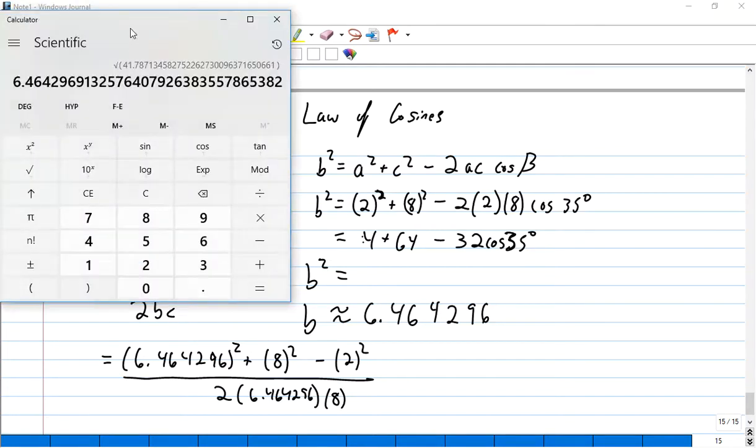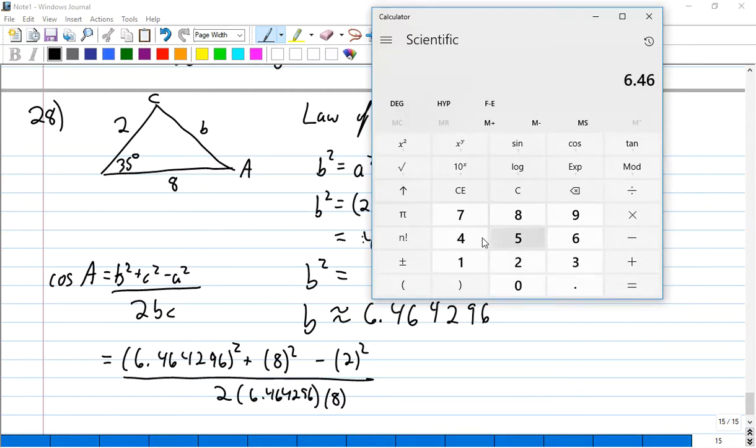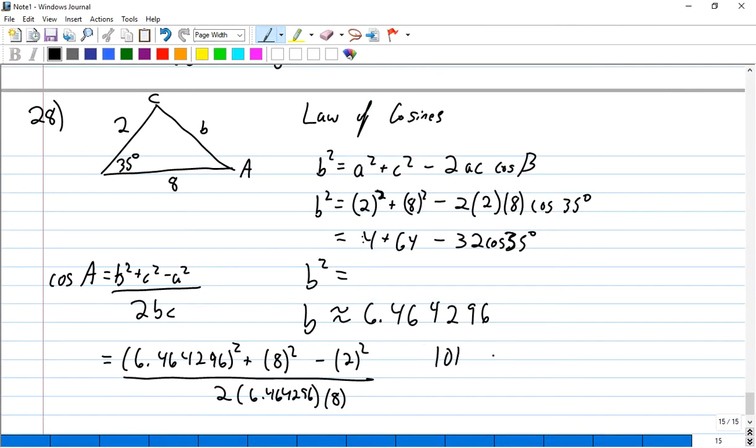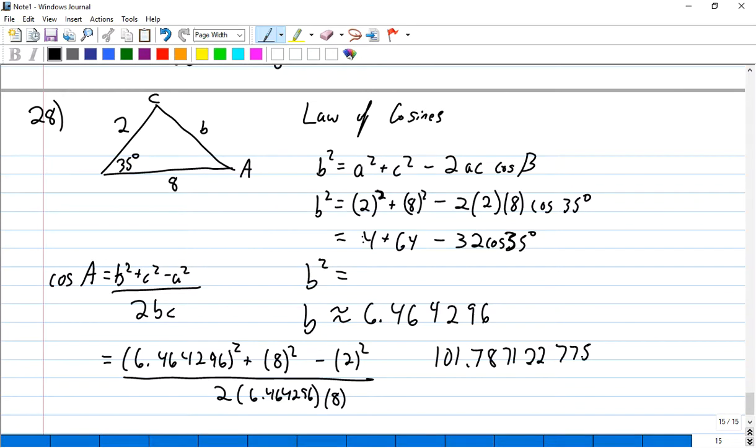All right, so I'm going to get rid of this, even though I could use that in my formula, just to see what I'll get. So 6.464296 squared, plus 64 minus 4. Alright, so I'm going to write that down. 101.7871227756.